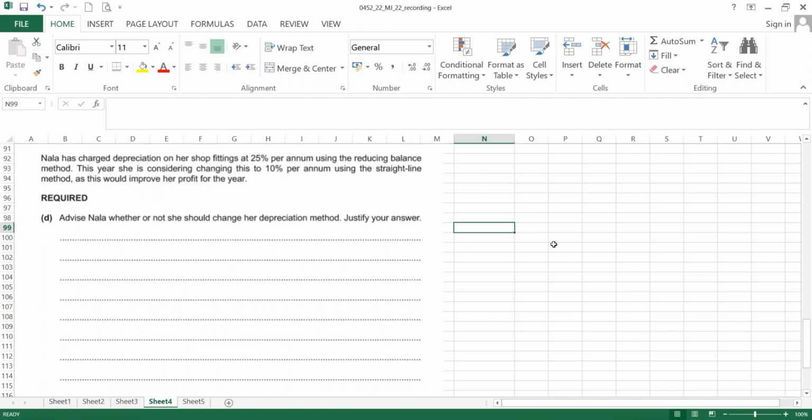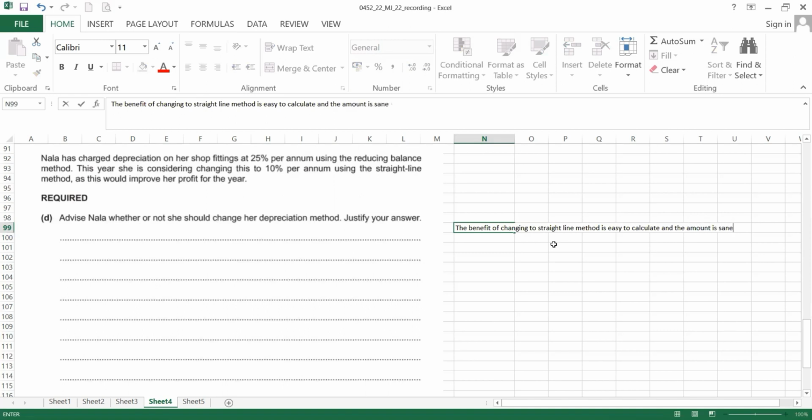So the pro, the benefit of changing to the straight line method, is that it is easy to calculate, and the amount is the same for each period.